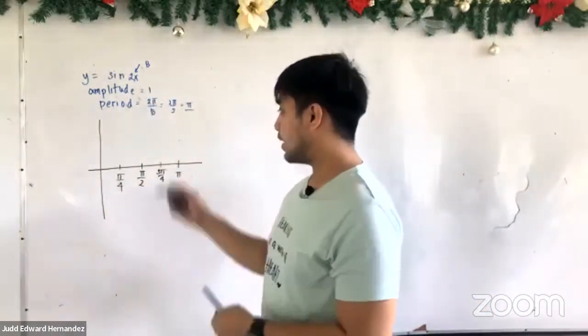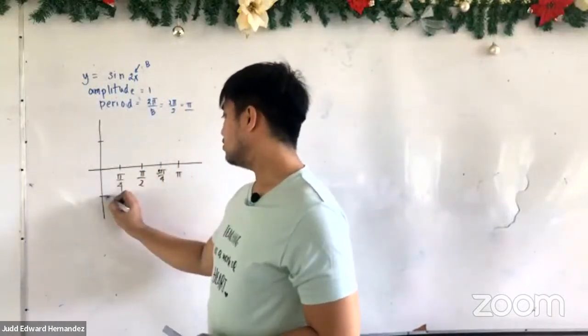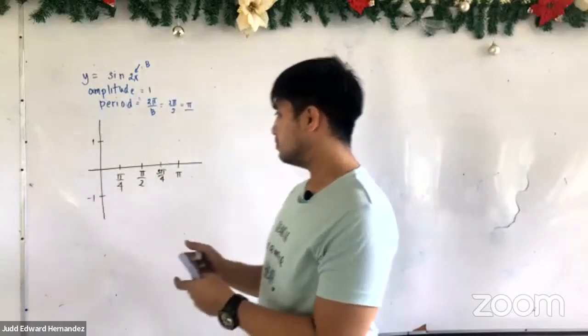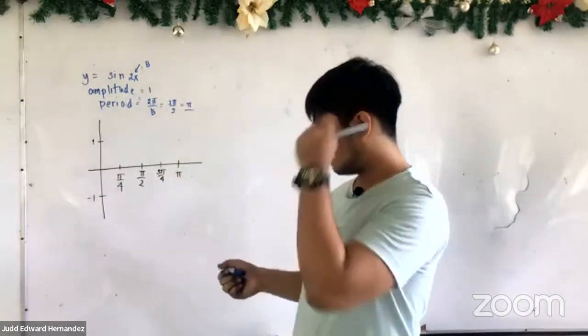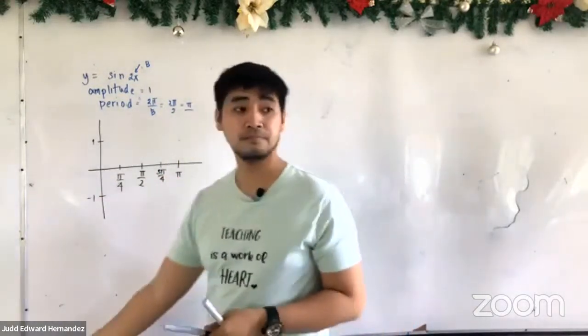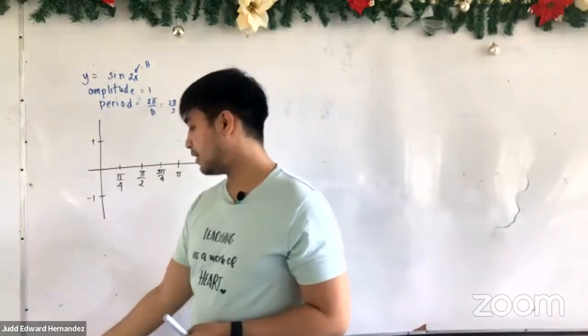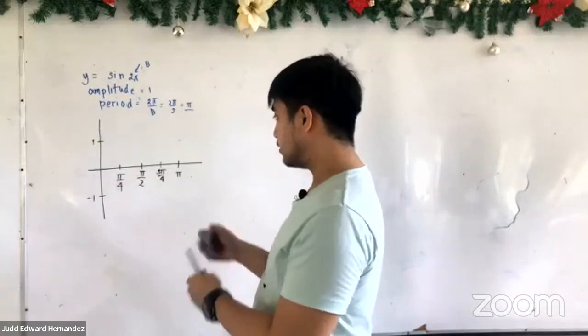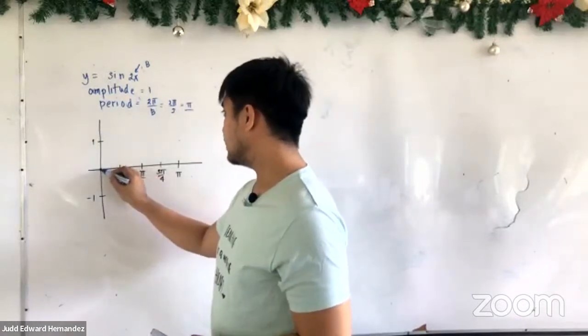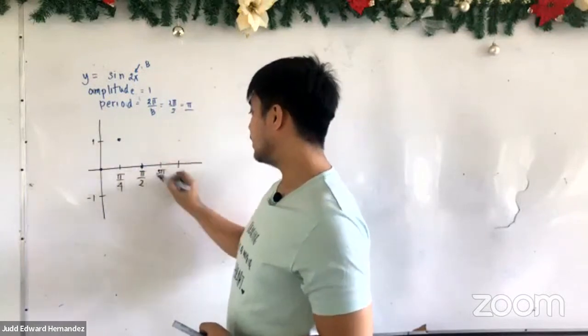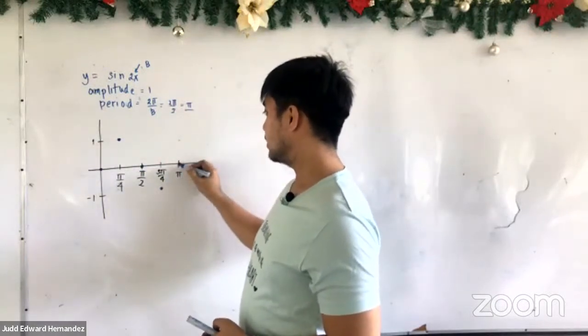Since we have sine 2x, doon pa din yung magiging natin pag ang amplitude is positive 1, negative 1. So, saan po siya mag-start? Sa gitna po. Okay, so kung mag-start siya sa gitna, therefore, this one, this one, this one.